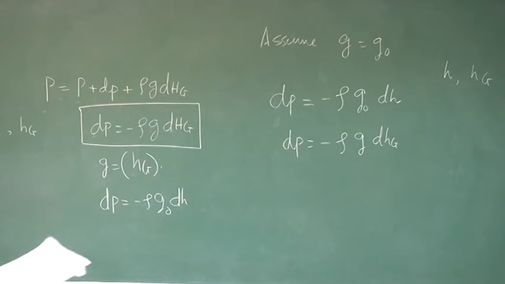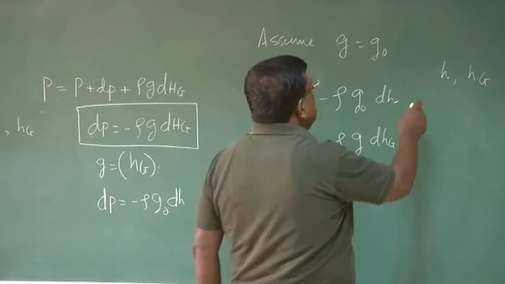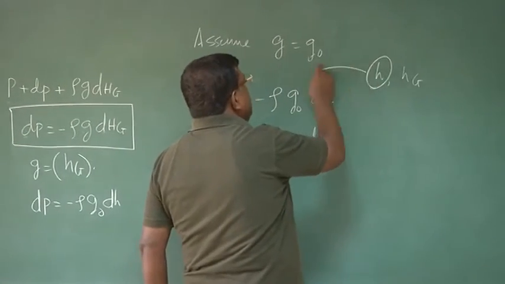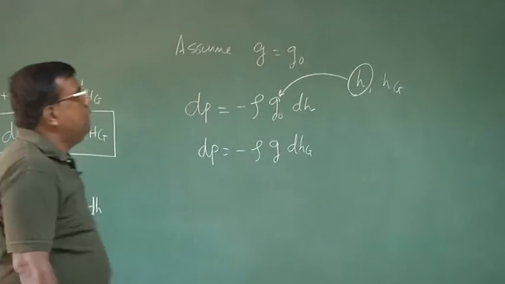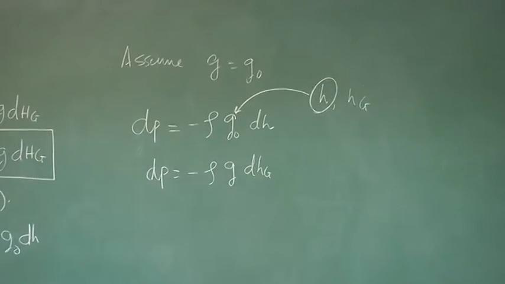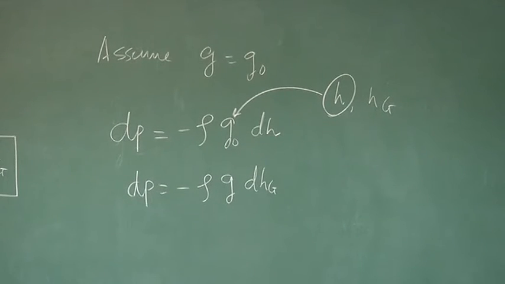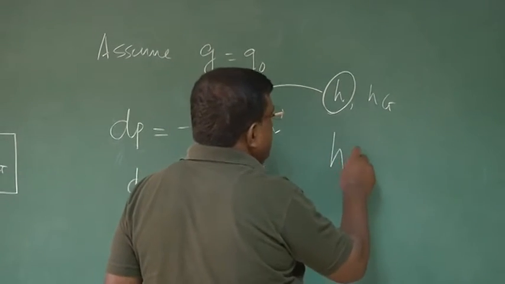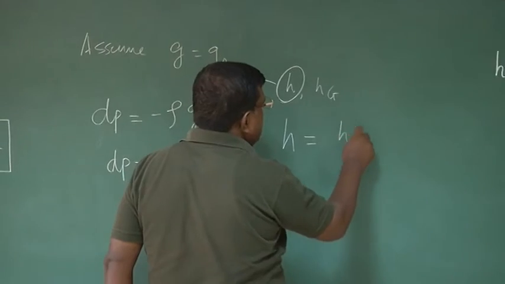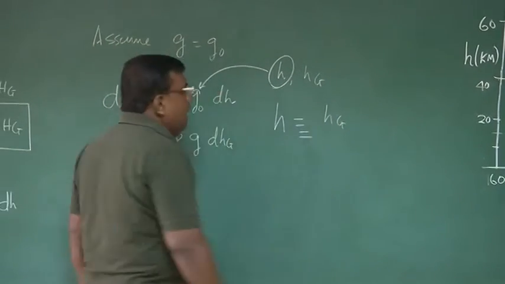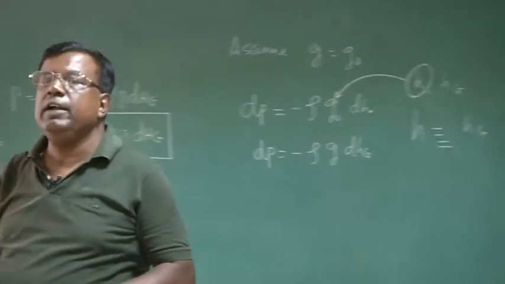So this geopotential height, this H, is defined as a fictitious altitude where I assume the value of G is not changing and you are taking it as G naught. We call it geopotential altitude. As long as I know the relationship between H and Hg, I have no problem. I can revert it back, right?